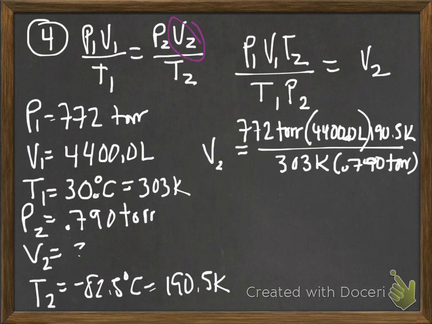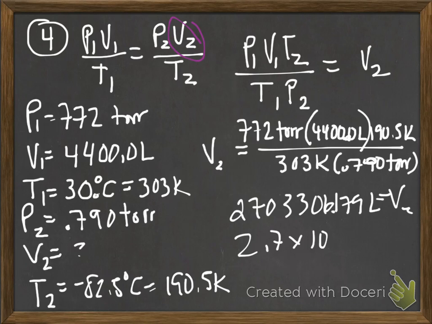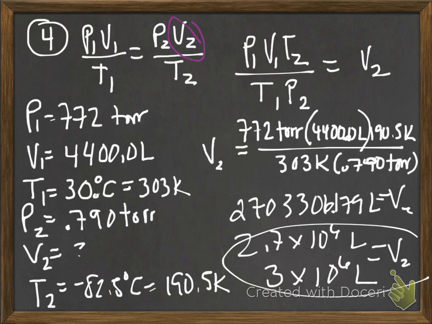And so what we get as a raw answer is 2,703,306.179 liters. And if we put that with 2 sig figs, that's 2.7 times 10 to the 6th liters. 1 sig fig would be 3 times 10 to the 6th liters. Either way, the fact is this puppy is going to burst with a vengeance.